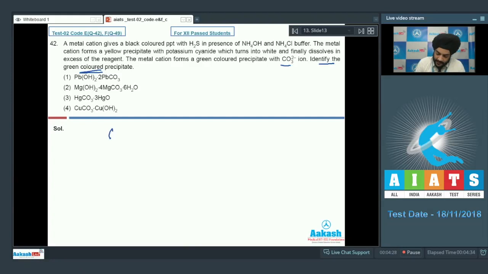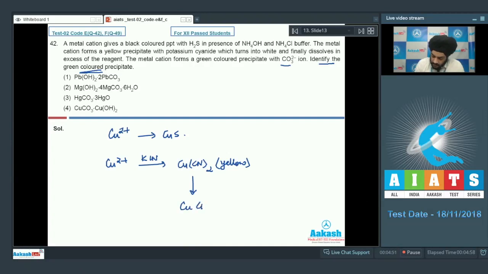So copper gives a black precipitate of CuS. When the metal cation is allowed to react with KCN, it forms Cu2(CN)2, which is a yellow colored precipitate, which on standing turns into Cu2(CN)2 and liberates cyanogen gas.